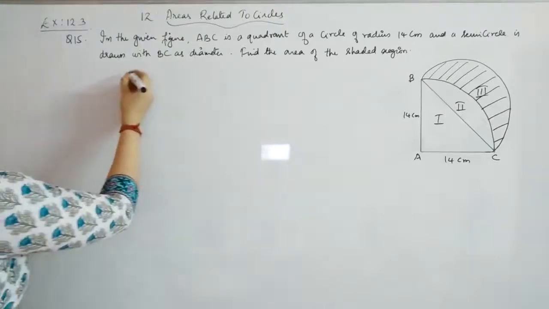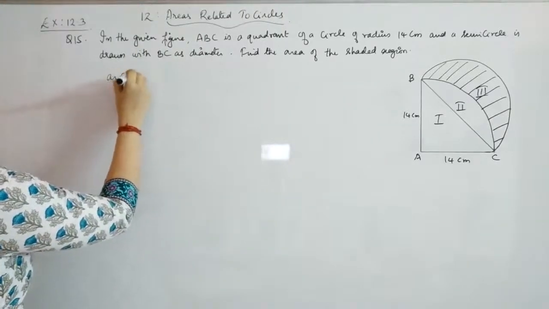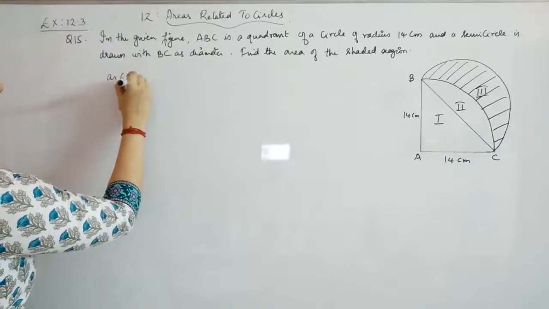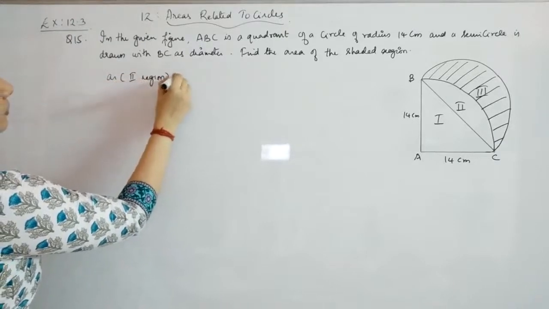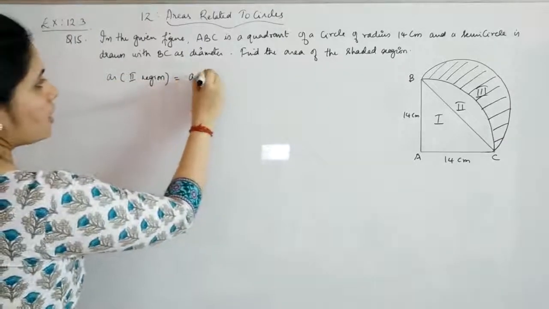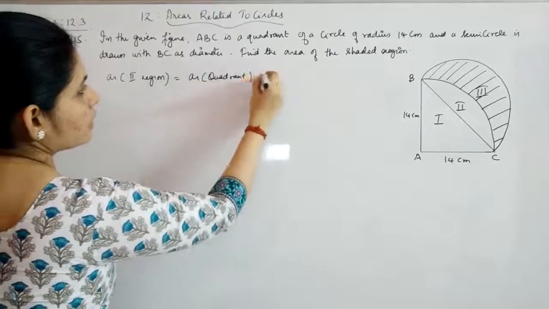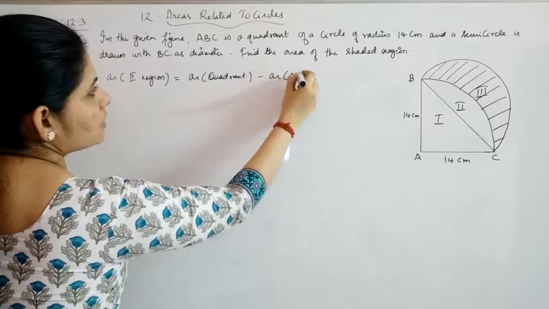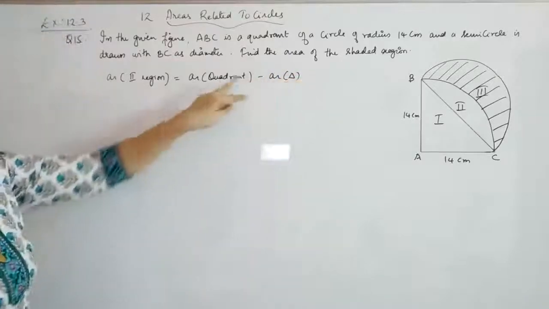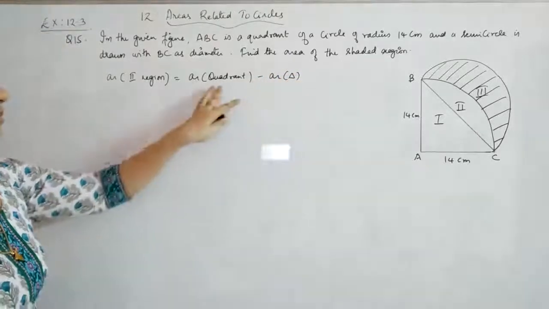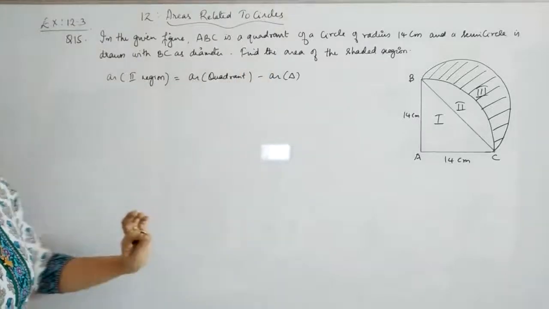Okay, area of the second region is equal to area of the quadrant minus area of the triangle. Okay, because both are ABC, notation will be the same. In order to understand, we are writing quadrant and triangle.